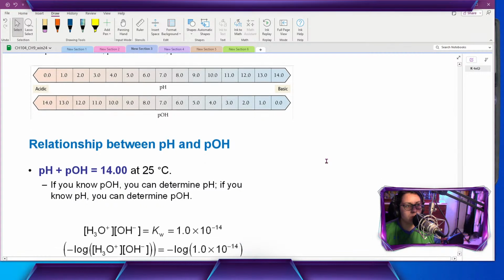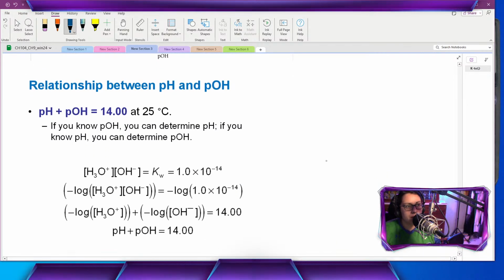But now we get to the relationship. And so this goes back to our Kw product constant. So we started with this, right? We said hydronium times hydroxide equals Kw. And so then if we take the negative log of both sides, so of course, the negative log of 1 times 10 to the negative 14th simplifies to 14.